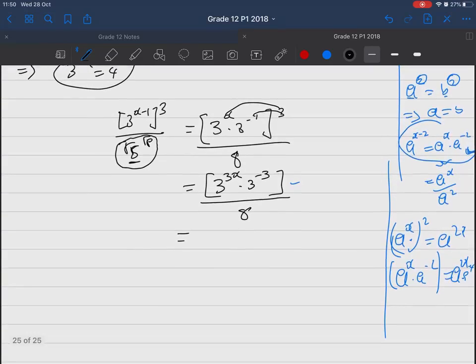Now we know what 3 power 3x is. 3 power 3x is 4, times 3 power negative 3. You can even punch it in a calculator, but don't use a calculator. So we know this is 1 over 3 power 3. How do I know that?